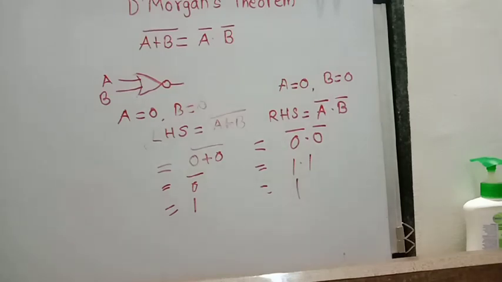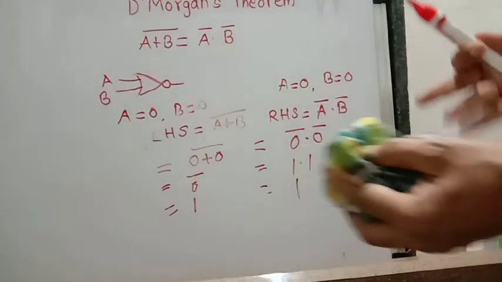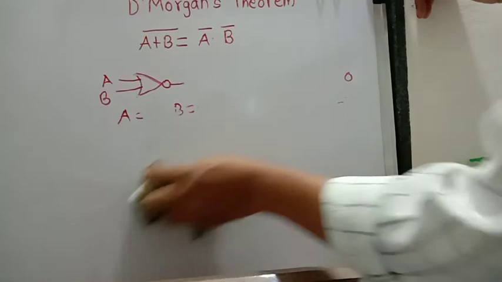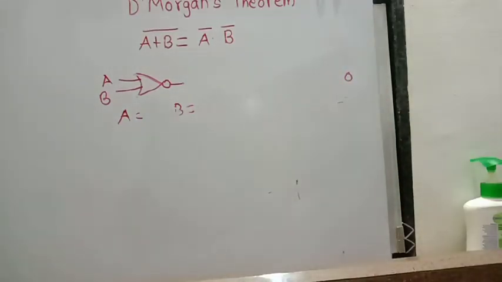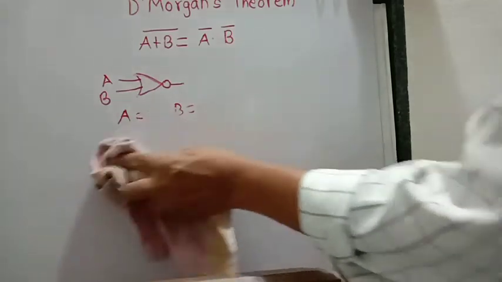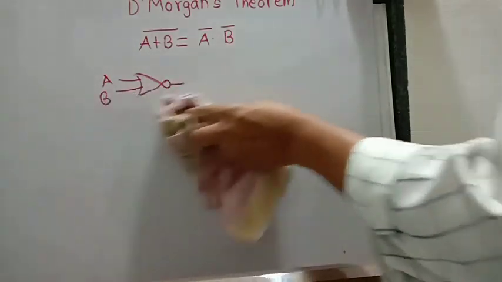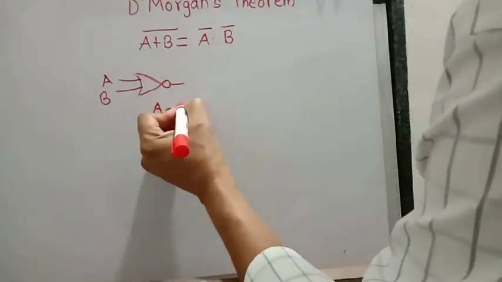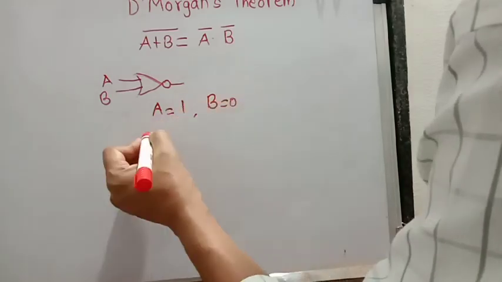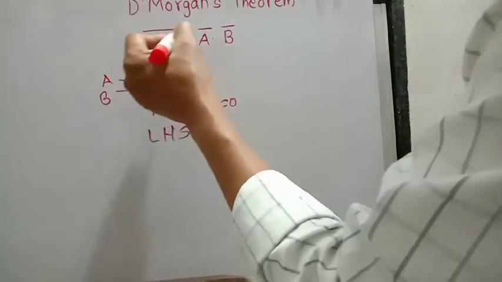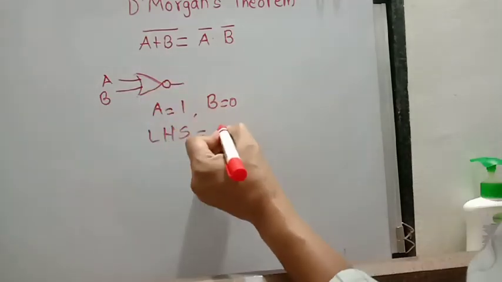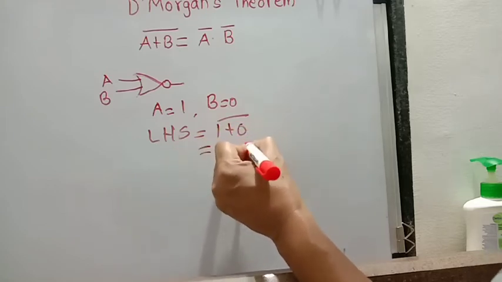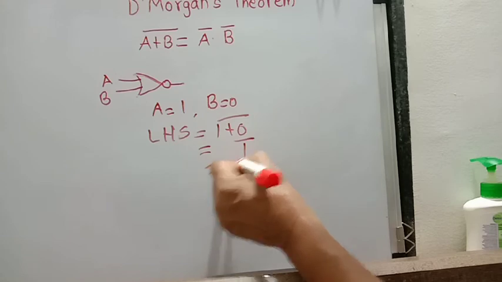Then second, if A is equal to 1 and B is equal to 0, LHS is equal to A plus B bar, that is 1 plus 0 bar. 1 plus 0 means 1, 1 bar is equal to 0.